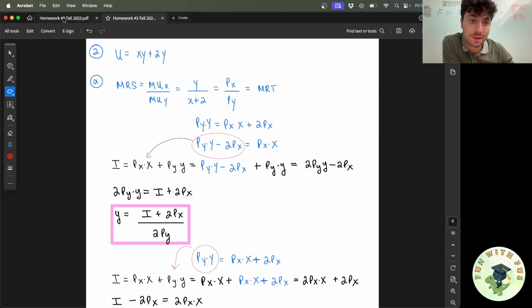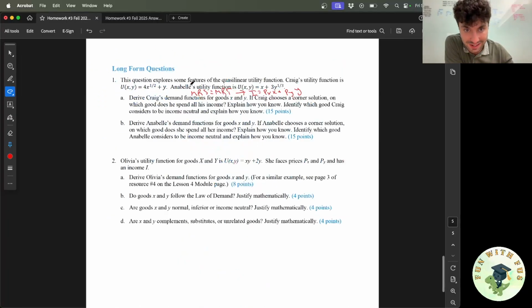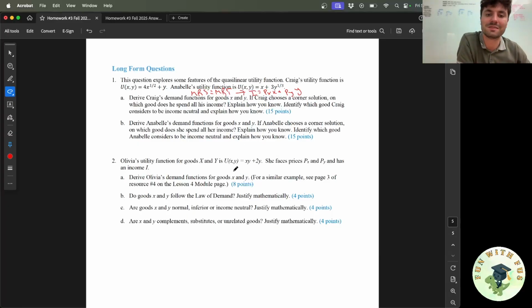But on an exam, that'd be prime territory if I noticed that these two utility functions were very similar. I would bank a bunch of time without having to redo this entire problem. The first one's definitely gonna take a good chunk of time, but you can do part B very quickly.